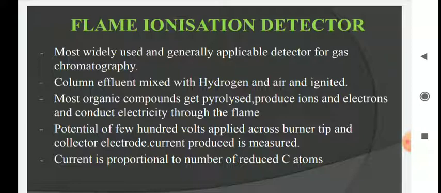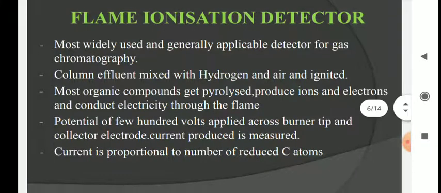You know that hydrogen is highly inflammable, and when you mix it with air and ignite it, you will get a flame, and inside that the column effluent will get vaporized. They will get pyrolyzed and produce ions and electrons. These ions and electrons can conduct electricity through the flame. We'll see the diagram and there I'll explain it properly.